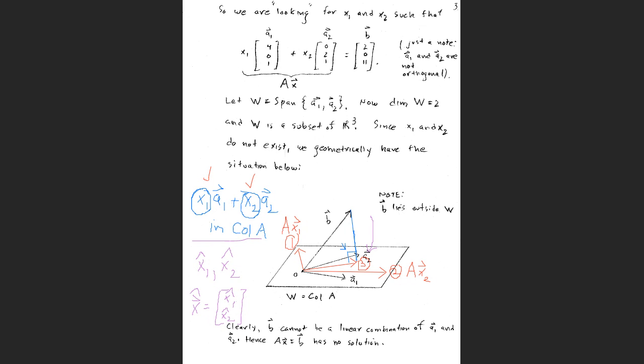But the vector 3 is the vector that is equal to A times x hat. And that's the vector 3, that is the closest vector in subspace W to the vector b. Okay, are there any questions on that?